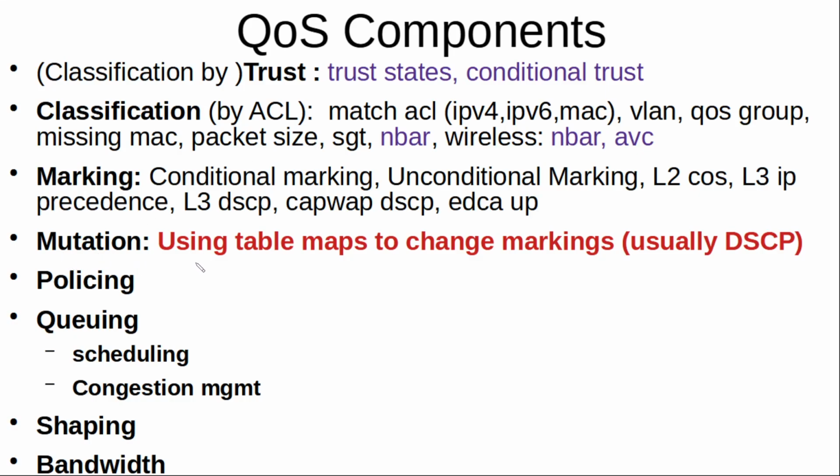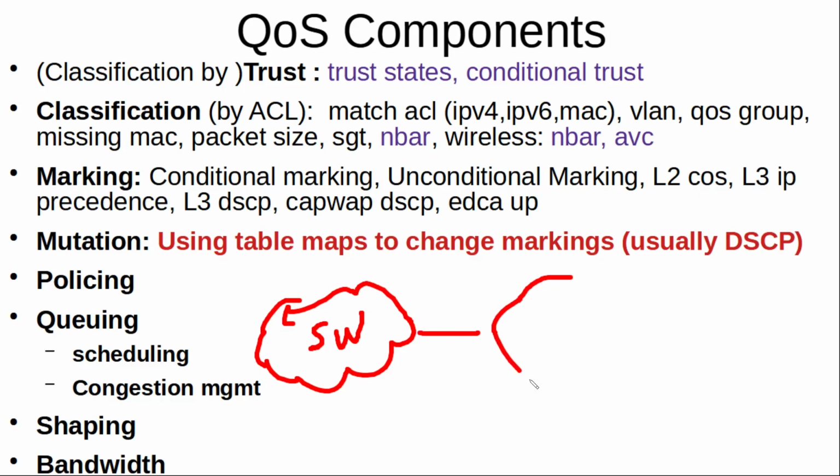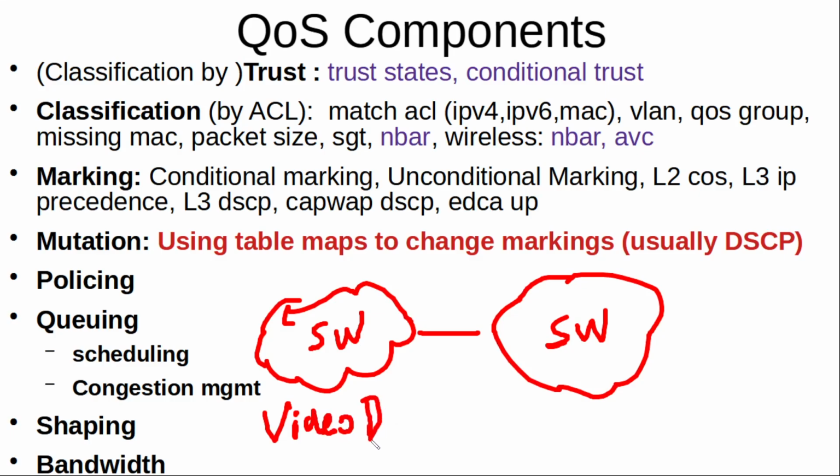Mutation means using a table map to change markings, usually the DSCP. This usually happens when you have a switching domain that does not belong to you, that is connected to a switching domain that you are managing. Probably the administrator of this switching domain says that the video should have a DSCP value of AF31.